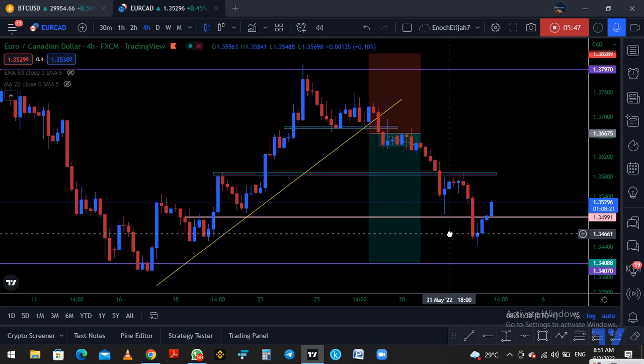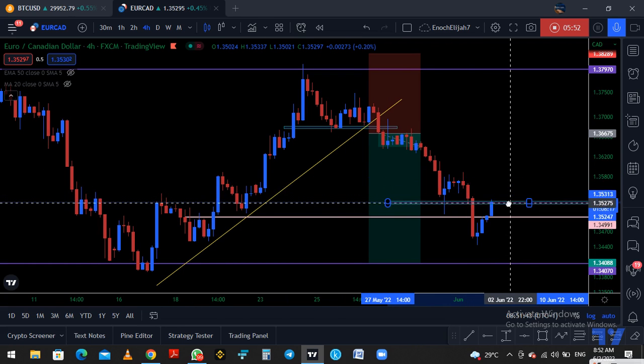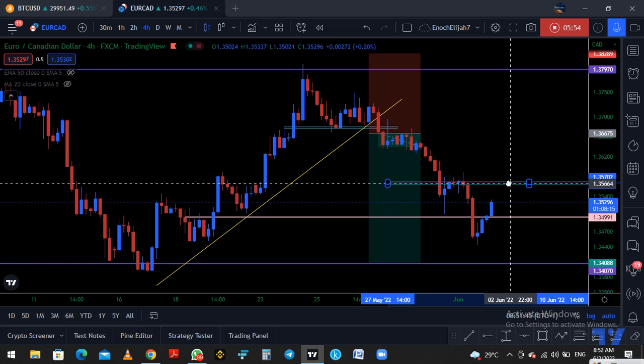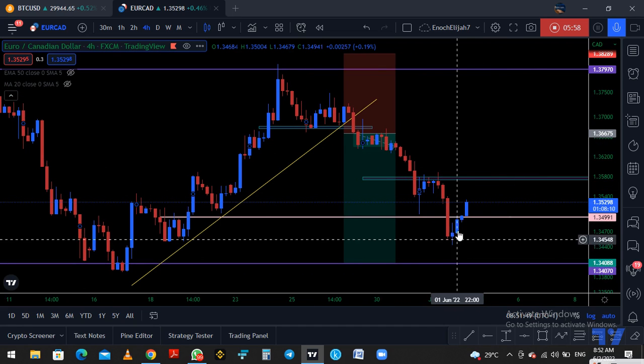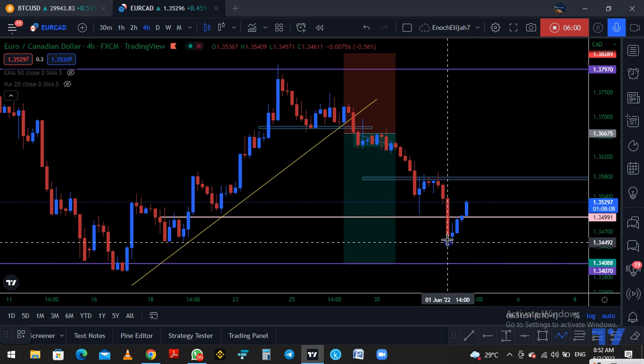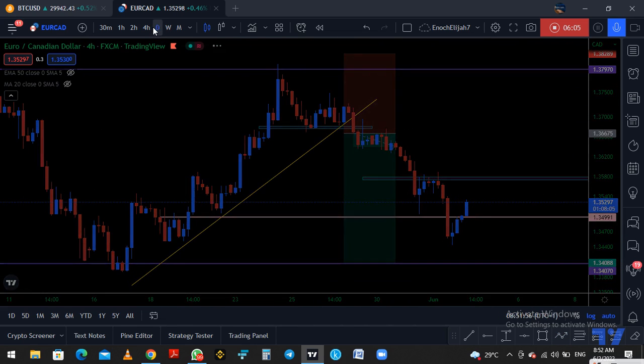So I'm expecting there'll be a kind of rejection of this zone. Price will either reject the zone here and continue the downtrend movement, because on higher time frame this is bearish.